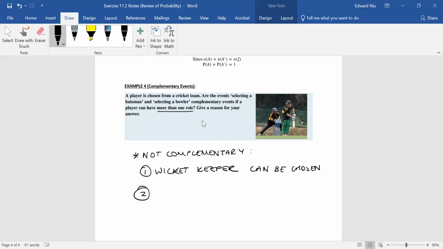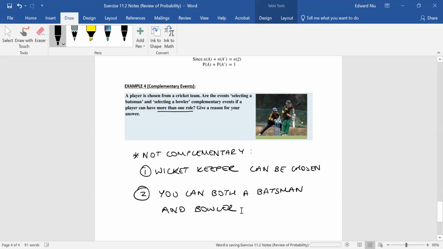Number 2, you could be both a batsman and a bowler, which means there's no way we can have them complementary. For example, that's like saying we can flip a coin and you can get both a heads and a tails at the same time from that one coin. Not possible, because they are complementary of one another, meaning you get either a heads or a tails.